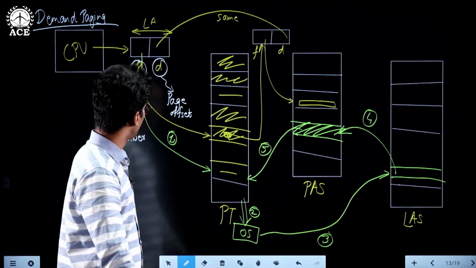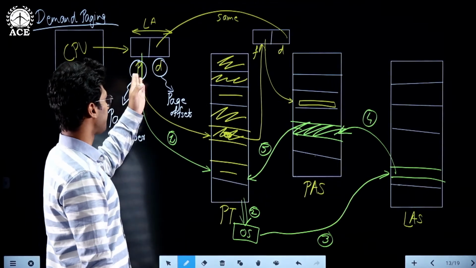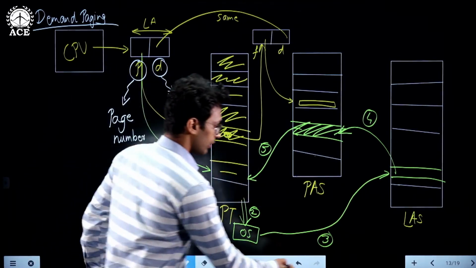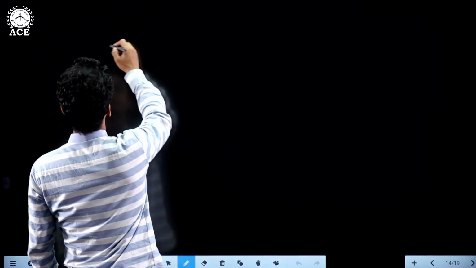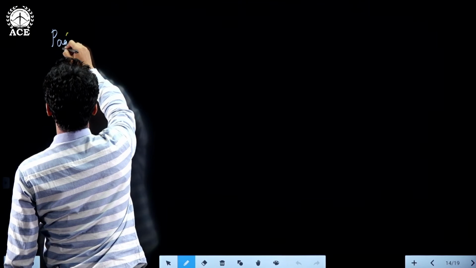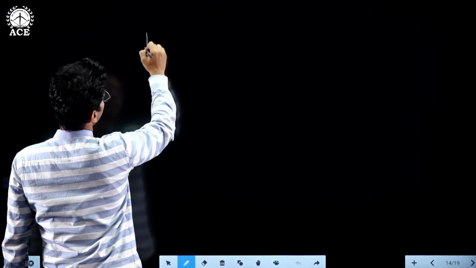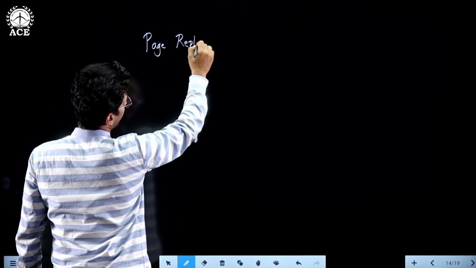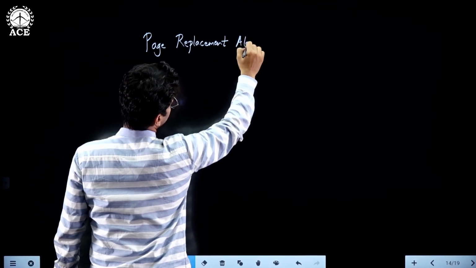Now you tell me. The CPU will generate a logical address which consists of page number and page offset. Right now I am referring to page numbers; I'll be referring to a string of page numbers. This is a reference string for page replacement algorithms.